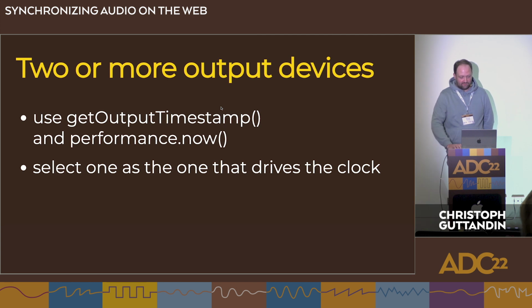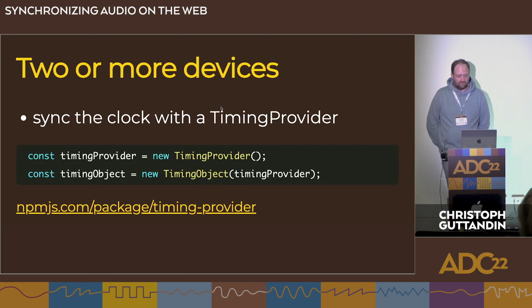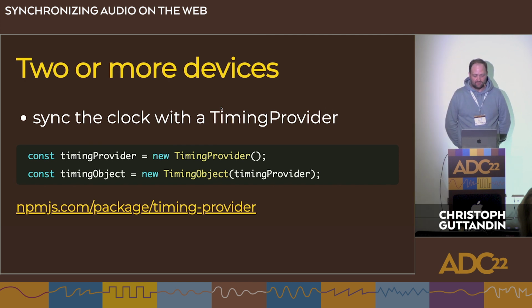And if you have two or more devices, like if you want to play the same audio on multiple devices, I would recommend using a timing provider for it. That's also part of the timing object spec. The timing provider sits on top of a timing object and can synchronize it with other timing objects in other browsers or on other devices.